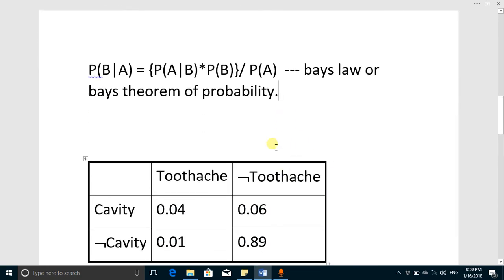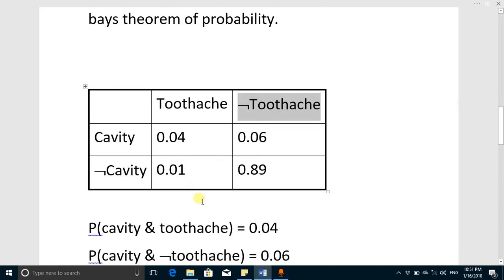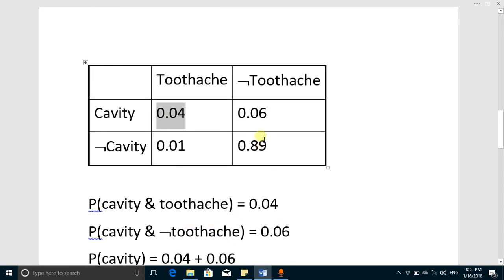We have an example. This is a table, and it means this 0.04 means probability of cavity and toothache, and this 0.06 means probability of cavity and not toothache. Similarly, these two values. So if I ask you what is the probability of cavity and toothache, you know the answer is 0.04, and probability of cavity and not toothache, the answer is 0.06.